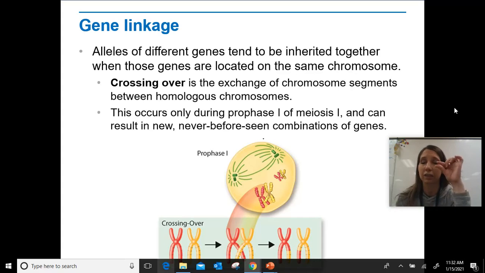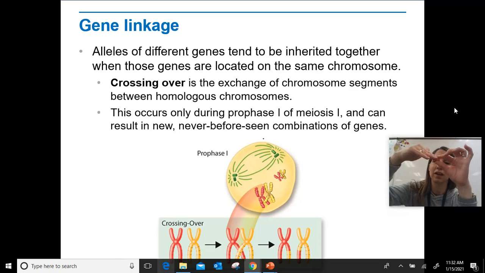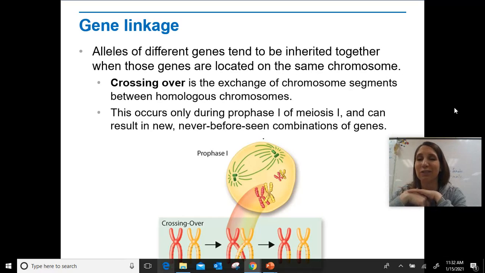The closer together those two genes are, maybe they are direct neighbors, right? They're sitting right next to each other on that chromosome. In order for them to be separated through crossing over, the other chromosome would have to come in and separate them right here, right? It'd have to cross over right in between those two genes. And we know that that's not very likely to happen. Sure, it has to cross over somewhere, but in general, the closer two genes are, the more likely it is that they remain together, okay?